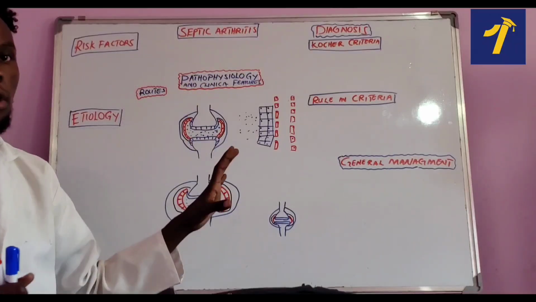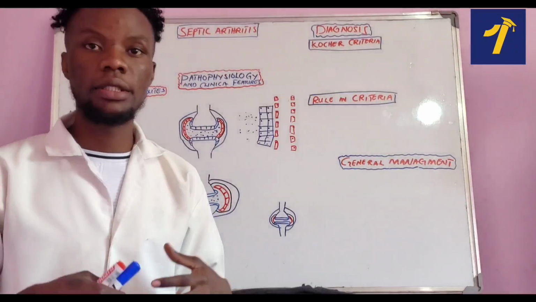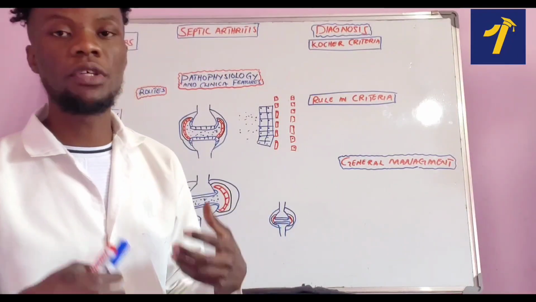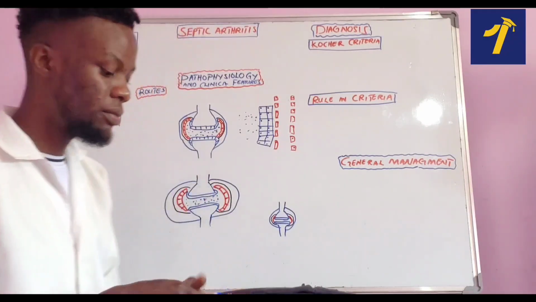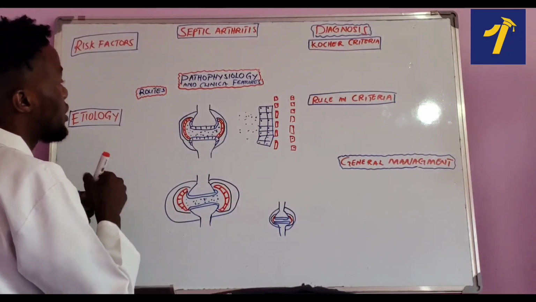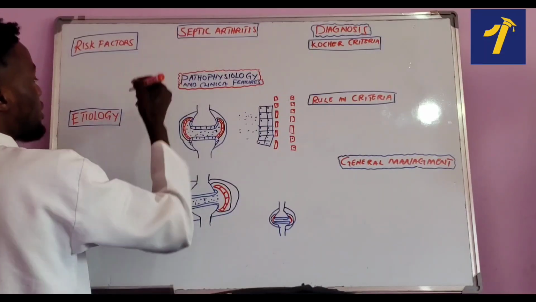So in short, septic arthritis is just the inflammation of the joint caused by different microorganisms, which is a very simple definition.